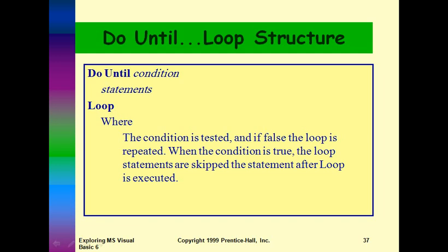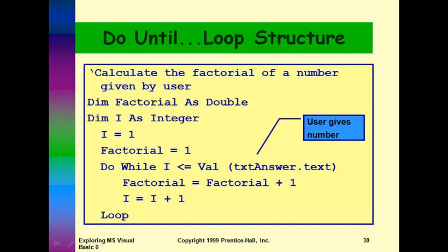Third iterative statement is do until. Do until condition statement ends with loop as a keyword, and this is the definition for the general syntax: the condition is tested, and if false, the loop is repeated. When the condition is true, the loop statements are skipped. The statement after loop is executed.